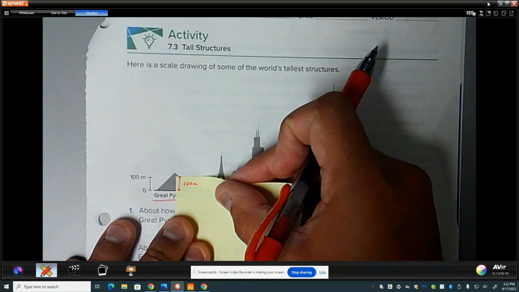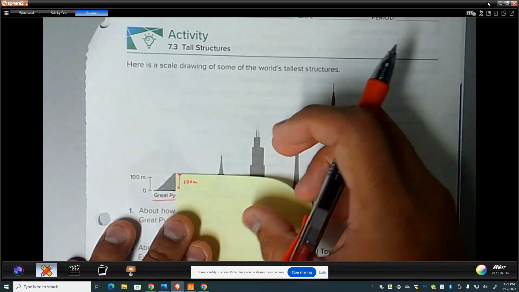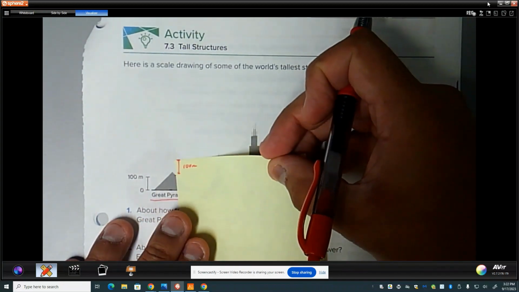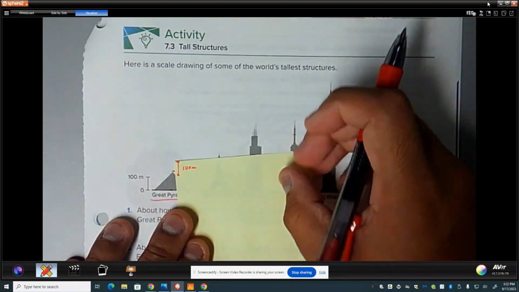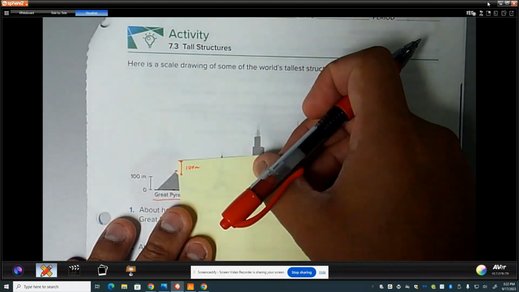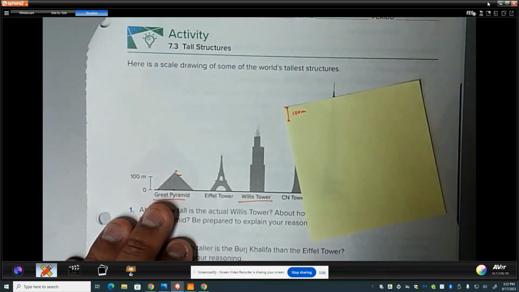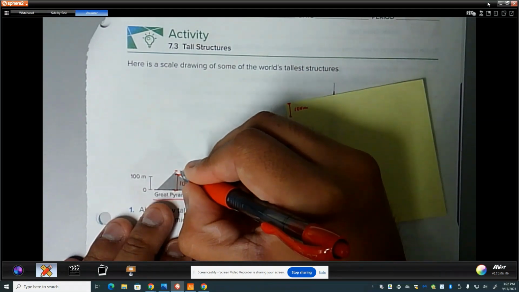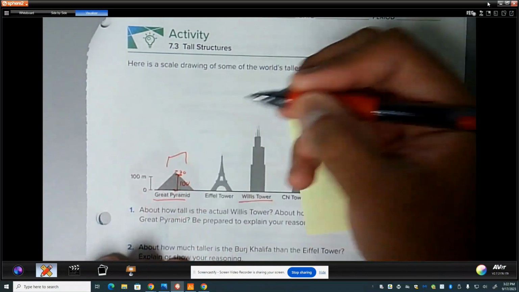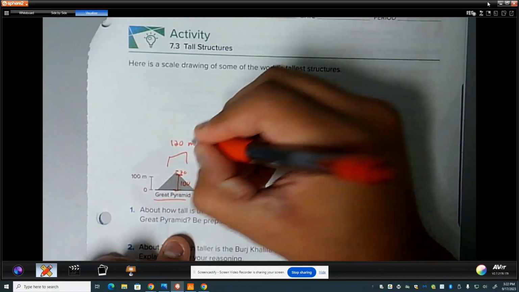So if I look at this one, I notice that the distance from here to roughly about there is 100 meters. Notice that you have a little bit more from here to here. Now, of course, I'm not going to be able to be exact, but I'm going to go ahead and say that that's roughly about 20 meters. So if I know this distance here from the beginning of my scale was 100, and this was about 20, I noticed that the Great Pyramid was roughly about 120 meters tall.